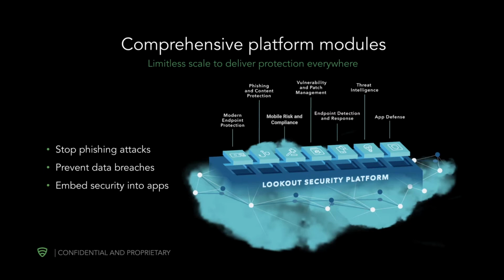And the last piece is our app defense. What is that exactly? So app defense is our SDK. Companies can build that into a B2B2C application, like a banking application. So that means if somebody uses the banking app, then we are doing a kind of pre-check of the device.